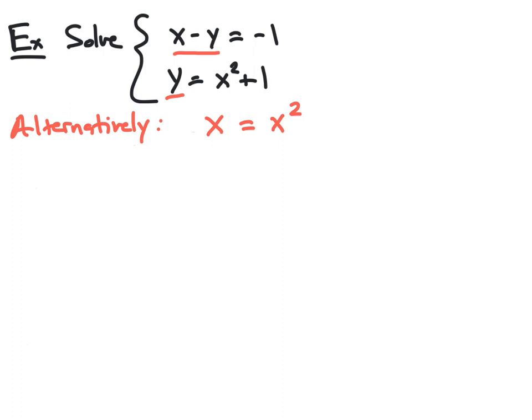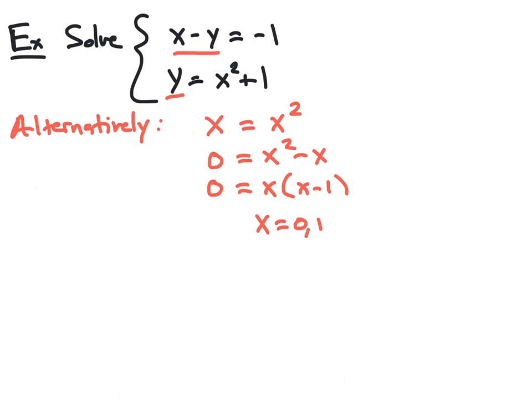We can now solve this equation. We can subtract x from the right side, so we have x squared minus x. We can factor that right side to have x times (x minus 1). And since this product is equal to 0, we see that we have two possible values for x, 0 and 1.